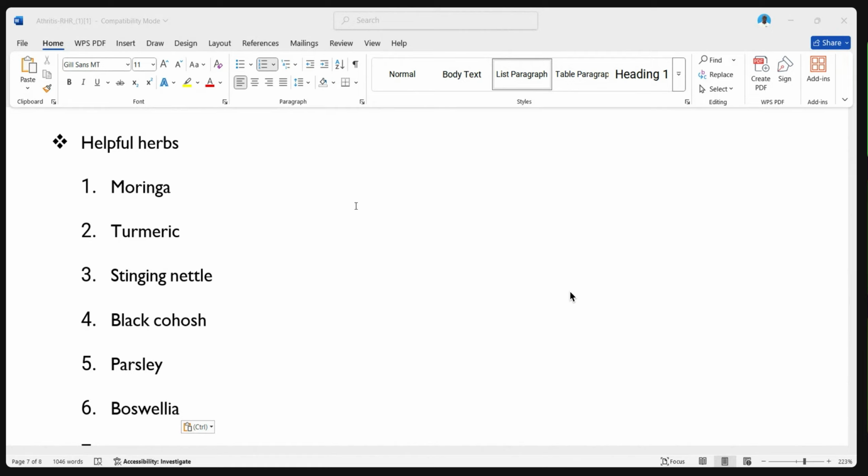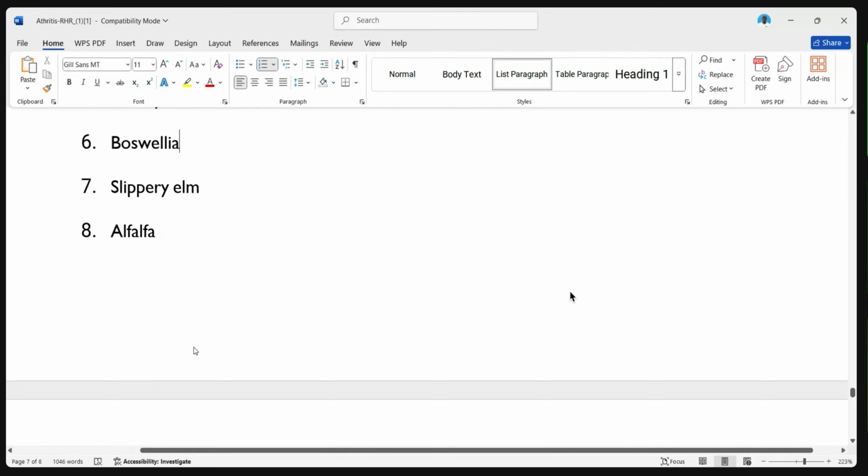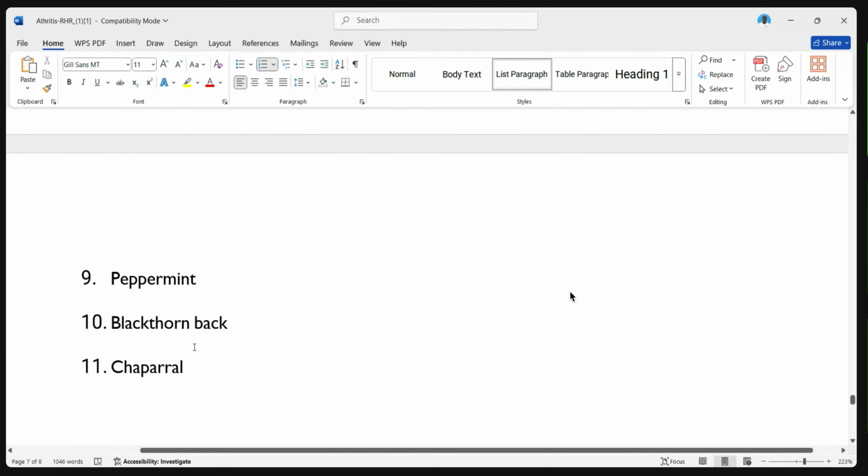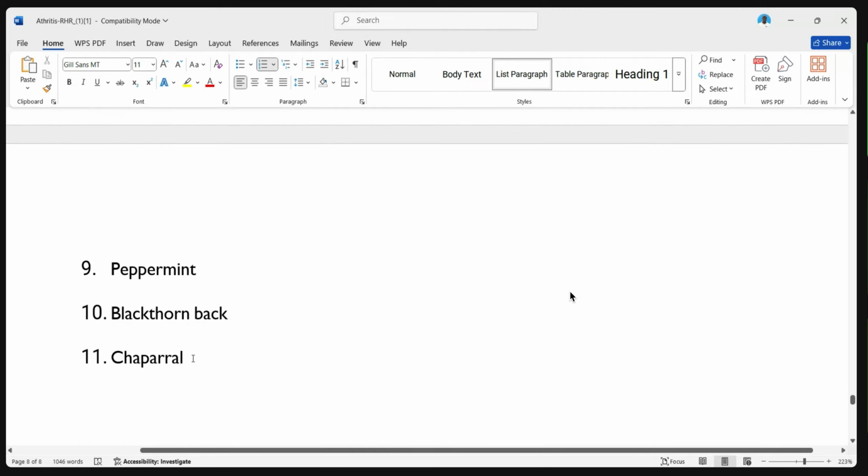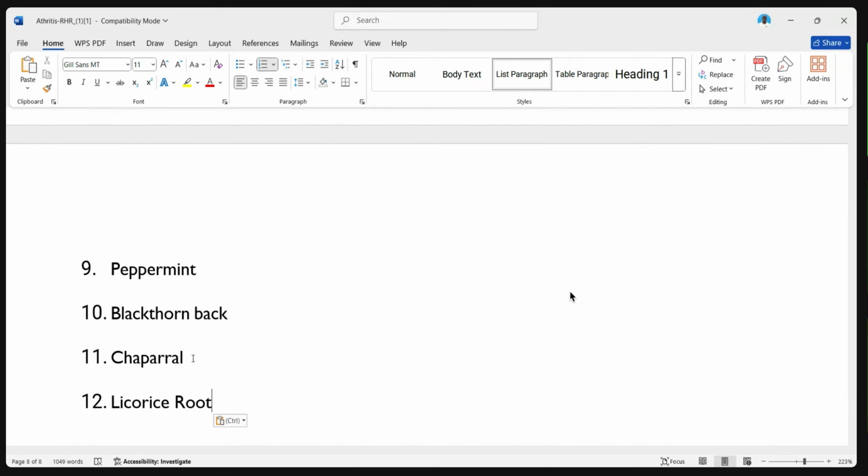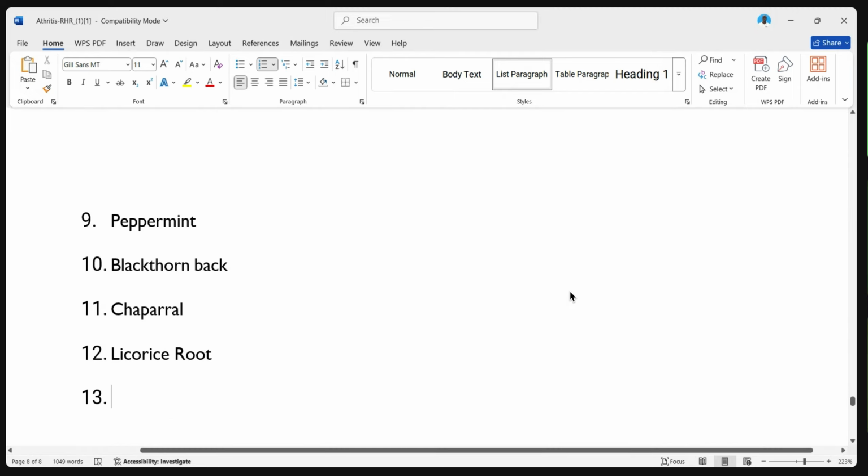And I think that is just enough for me. It's just good for me now. Eight and five components. If you don't know any of these herbs, just go and research.